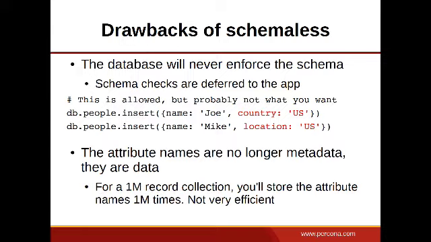Then some other part of the code will insert another document in the same collection, again with two fields that are supposed to be the same. Unfortunately, the first one is still name, however, the second one is location. For MongoDB, that's not an issue because, of course, MongoDB doesn't check anything.